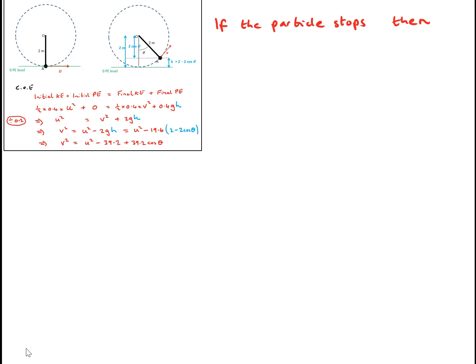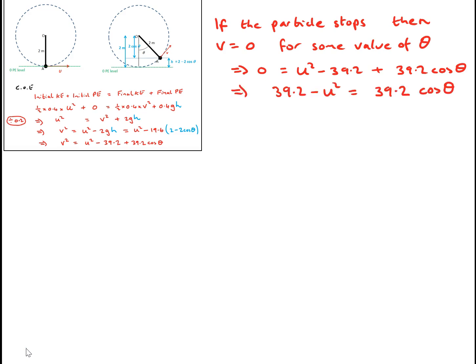So, if the particle stops, then v must equal 0 for some value of theta. So that means that we've got 0, or v squared, must equal u squared minus 39.2 plus 39.2 cos theta. Rearranging that, we've got 39.2 minus u squared must equal 39.2 cos theta, or equivalently, cos theta must be 1 minus u squared divided by 39.2.